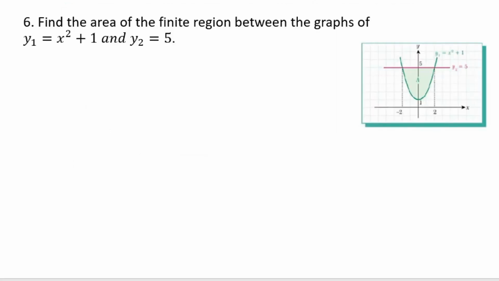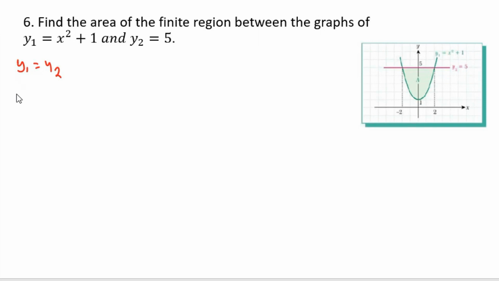For number 6, we have: find the area of the finite region between the graphs of y sub 1 equals x squared plus 1 and y sub 2 equals 5. To do this, since the interval is not given, we are going to solve for the intervals by equating the two equations. So we can write y sub 1 is equal to y sub 2.